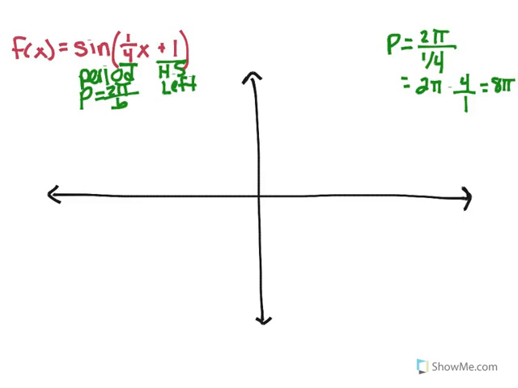So what we're going to do is make our ending point out here at 8 pi. Don't go all the way to the end, because remember, we still have a horizontal shift to accommodate. We're going to get our halfway mark and our quarter mark, and then we're going to repeat that on the other side.